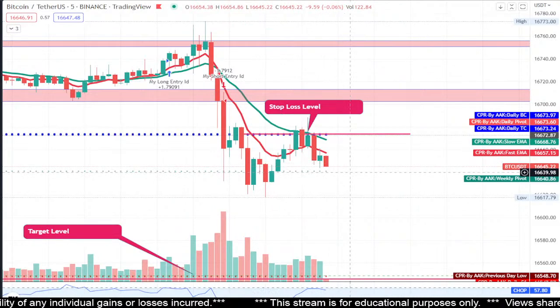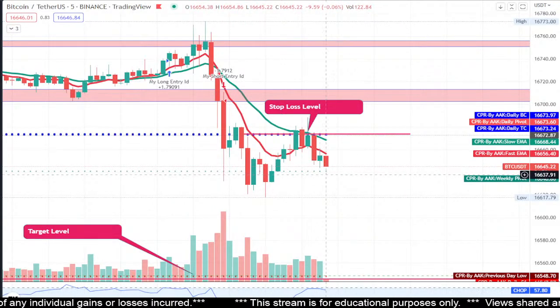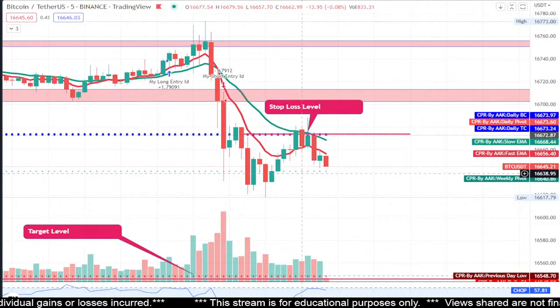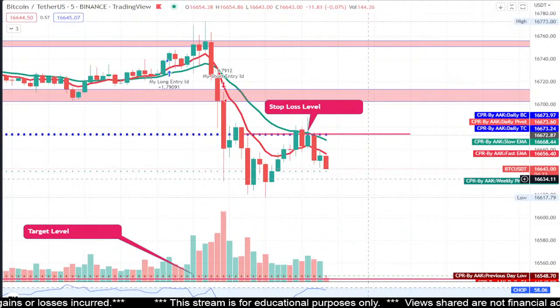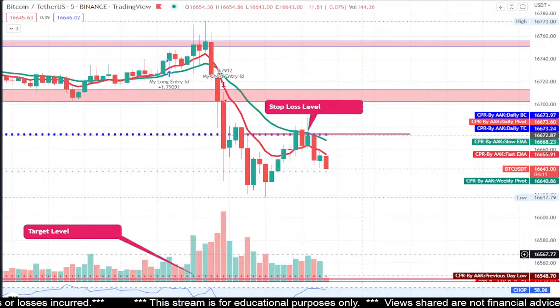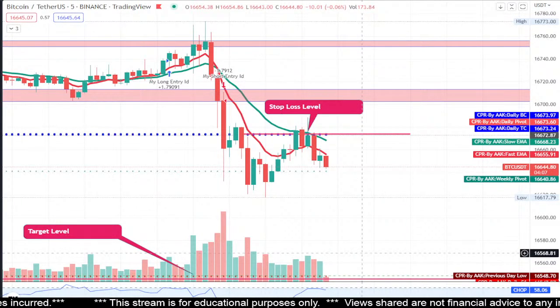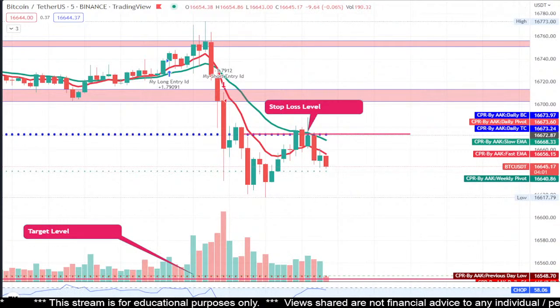Once this particular level is broken and once the candles are being formed under this level, which is approximately 640 points, then definitely we are going to see a sharp fall towards the previous day low, which is 548 points. And I have already set the profit booking level of 550 points.